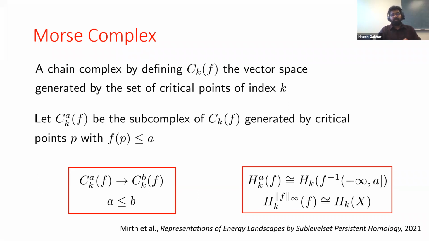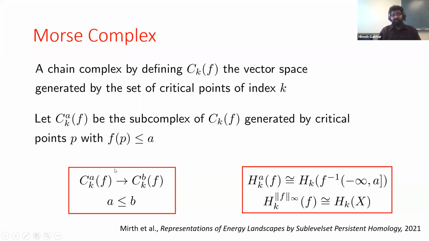But you can also filter these chain complexes by defining this subcomplex of CKF that is generated by only those critical points of index K that have f of b less than or equal to a.